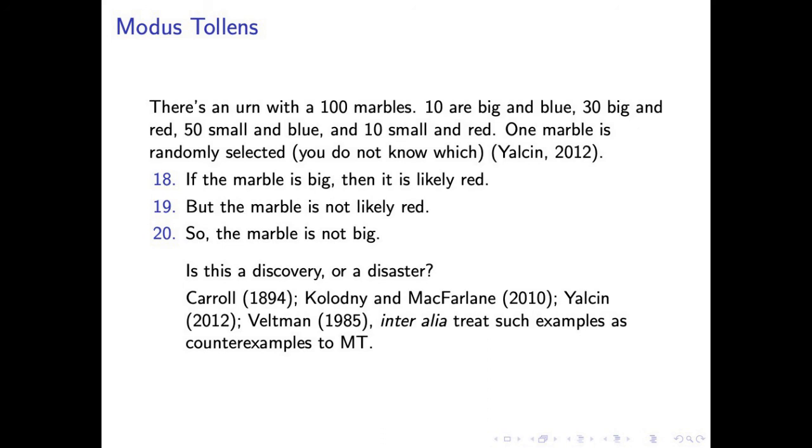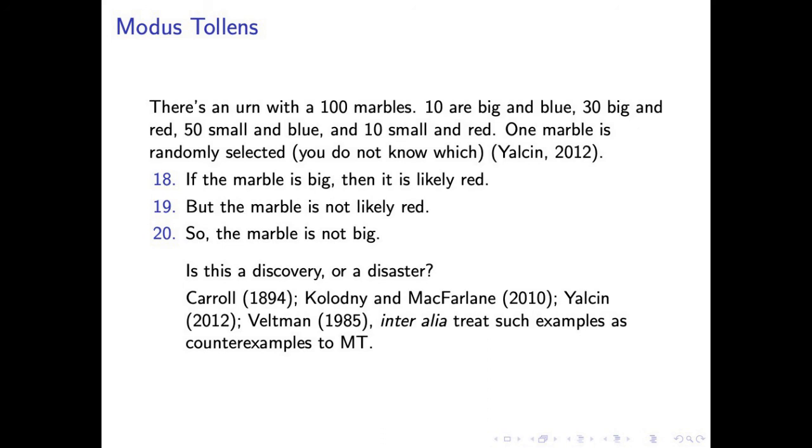And now you're pressed with a choice. Is this a discovery, or is this a disaster, right? Now, the informational consequence relation account is going to invalidate this pattern. It's going to say, no, this is not a valid inference pattern.